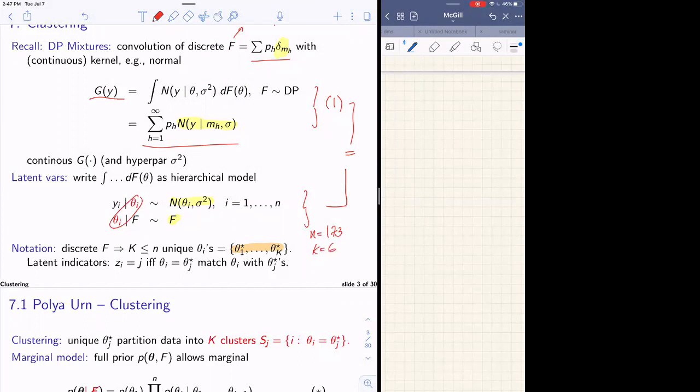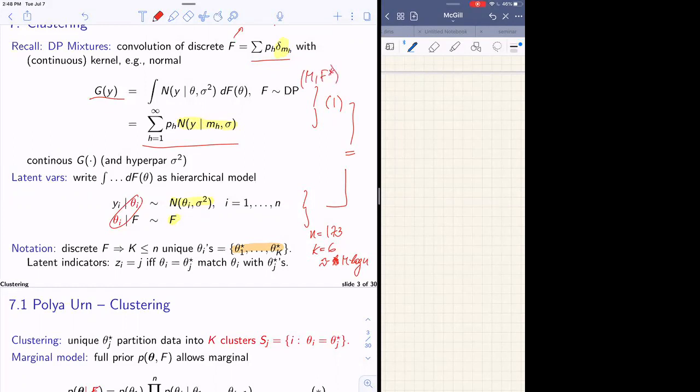Asymptotically, it's something like capital M times the logarithm of n, where M is the total mass parameter in the Dirichlet process prior. Remember, the DP came with two hyperparameters.